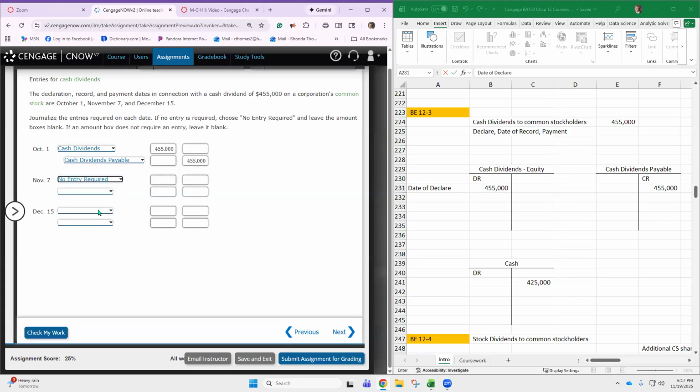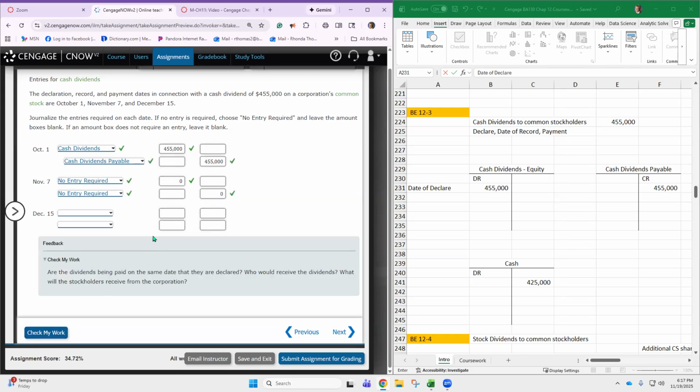So there's no entry here. It's just a date that shareholders have a deadline to send in their name and address so that we can send out dividend checks. Okay, so let's go ahead and check our work through here.